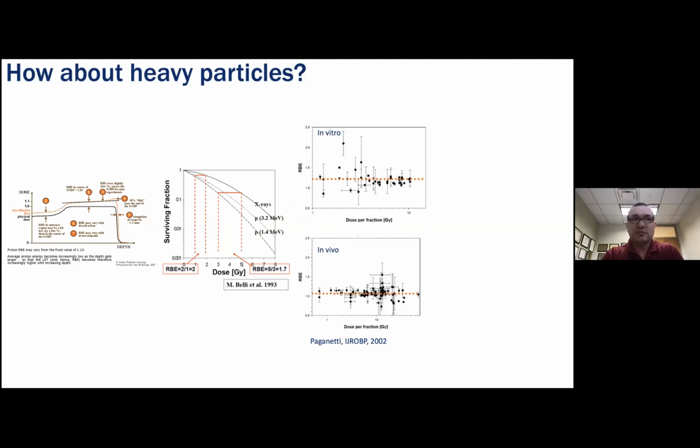More interestingly, when doing treatment planning with heavy particles, there are values that are actually being used. And these values are about a 10% increase in the RBE value. They are arbitrarily set, and currently there are investigations into how we can incorporate LET better into planning.